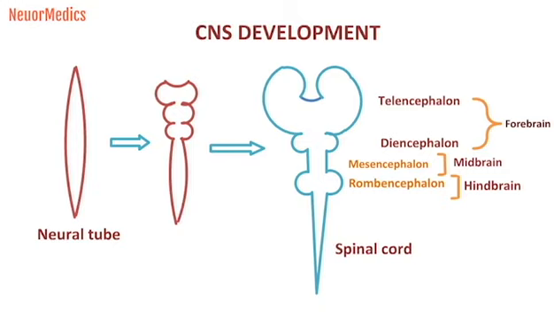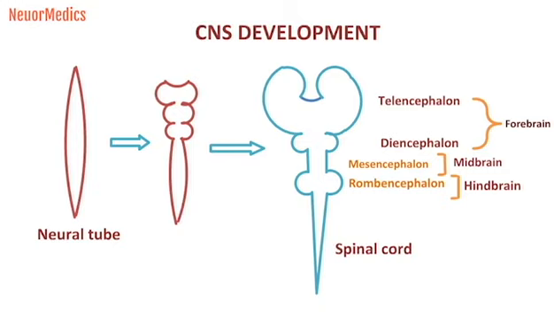And the third swelling further develops into two parts, and the name for this swelling is hindbrain, also known as rhombencephalon. And the sacral end of this neural tube forms the spinal cord.